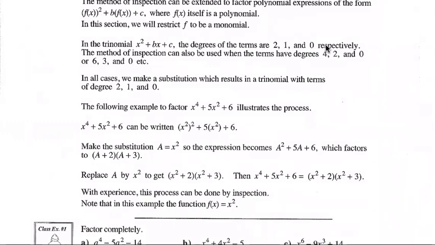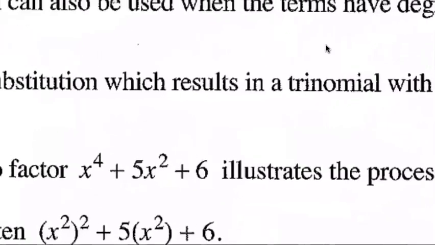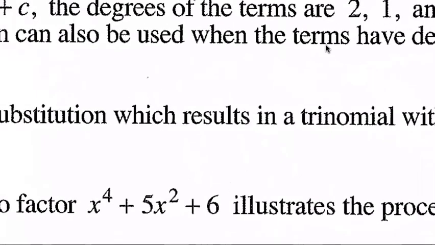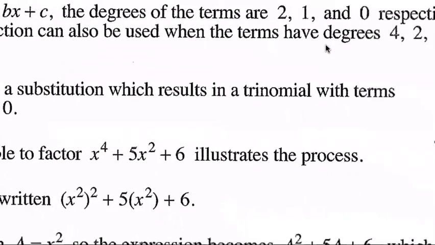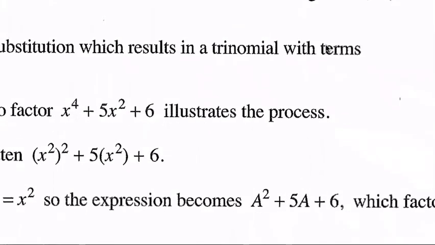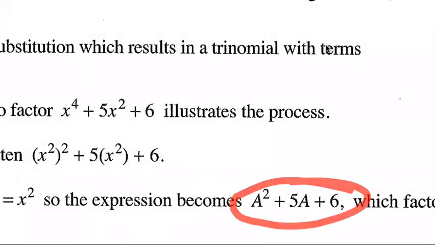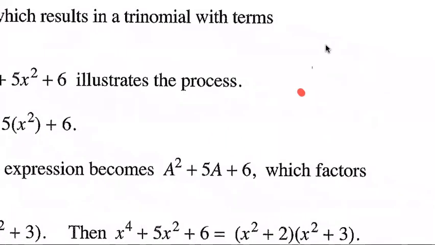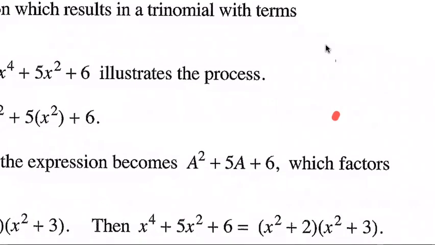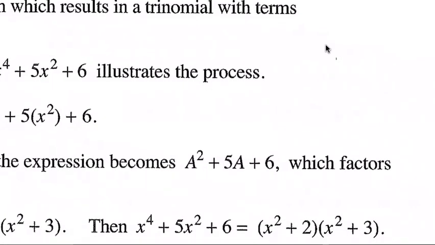So, for example, x to the fourth plus 5x squared plus 6, with some substitution ideas, which I'll go through, we can make that look like a squared plus 5a plus 6. Now this looks significantly easier to factor, because that's what we've been used to, we should be able to factor that, but then at the end we have to replace what we pulled out.